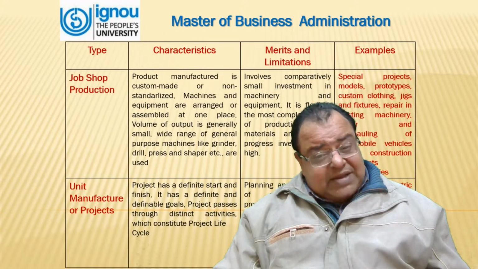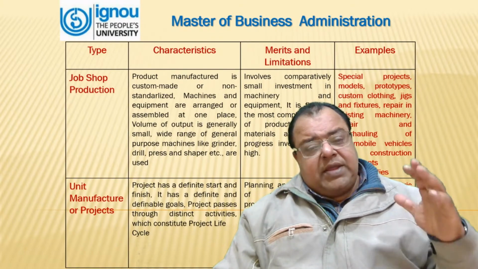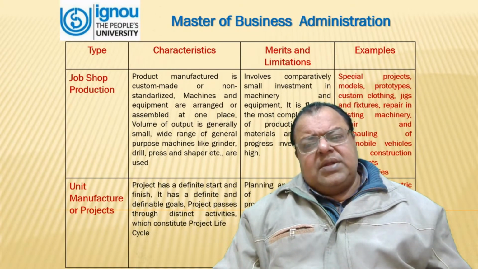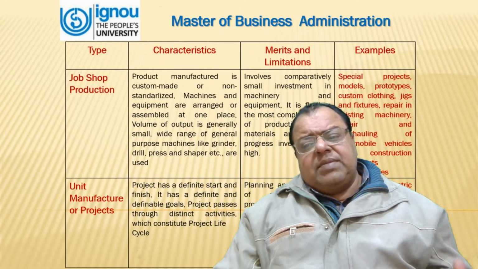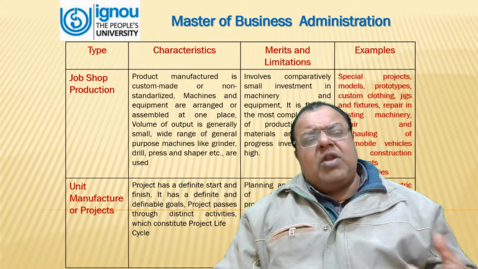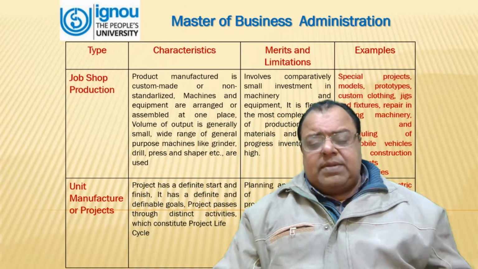It is flexible, the most complex system of production. Raw material and work in progress inventories are high. Examples are special projects, models, prototypes, custom clothing, jigs, automobile vehicles, overhauling of automobile vehicles and construction equipment sub-assemblies.